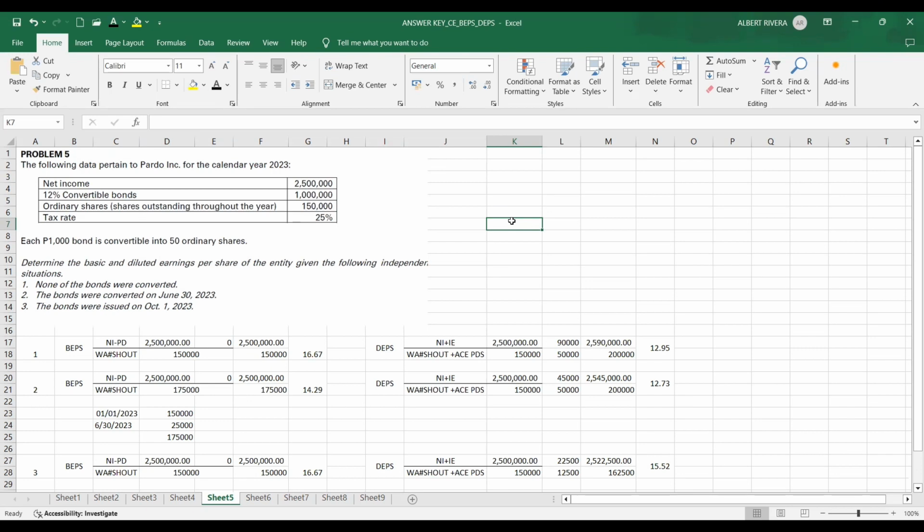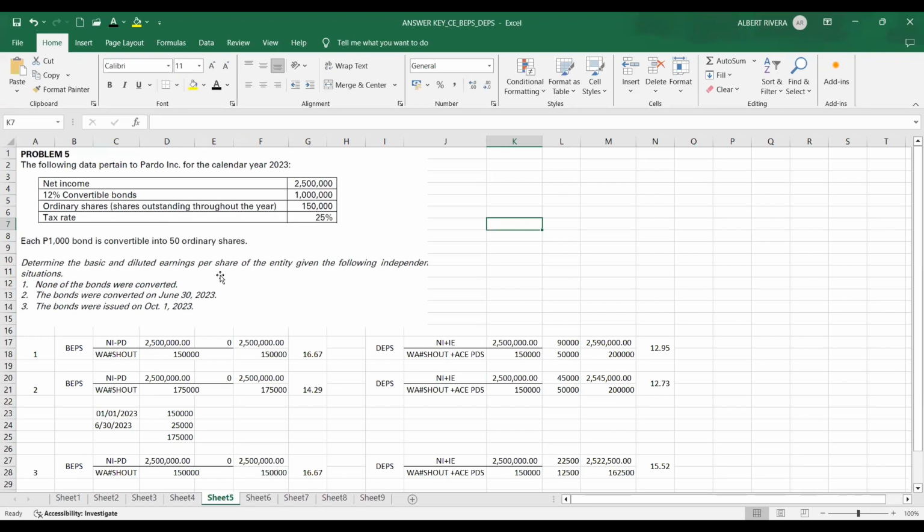Kaya pag tinanong ka class, determine the diluted earnings per share, your step number 1 will always be the computation of the basic earnings per share. Laging ganon. Kasi you cannot say that that is a diluted earnings per share unless otherwise that you have known the basic earnings per share.